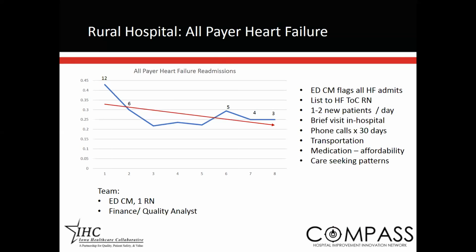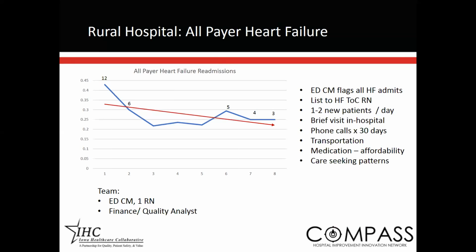So it turned out that refocusing and letting her do her thing, letting her do her best work for the right size of a target population allowed them to see the change that they wanted to see over time. And this was a great improvement for them, going from 12 heart failure readmissions per month to 3 heart failure readmissions per month. And that was with this one transitional care nurse and nothing more.